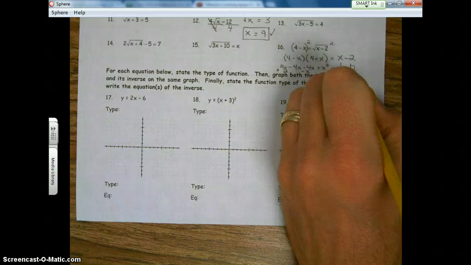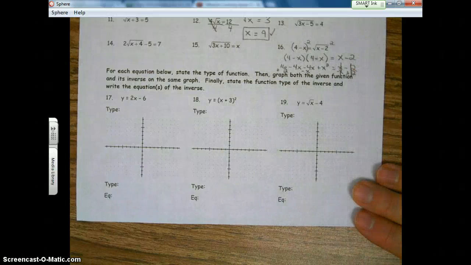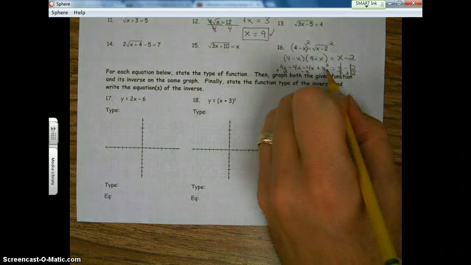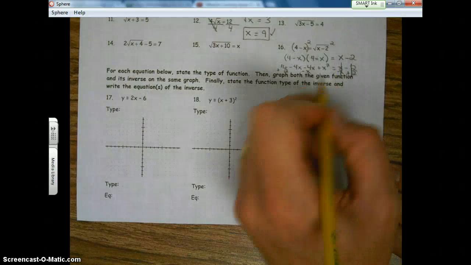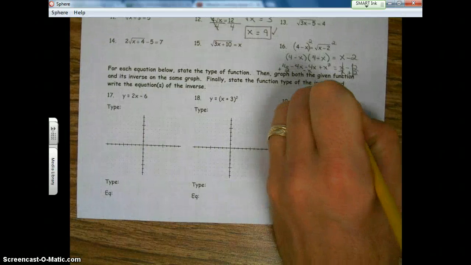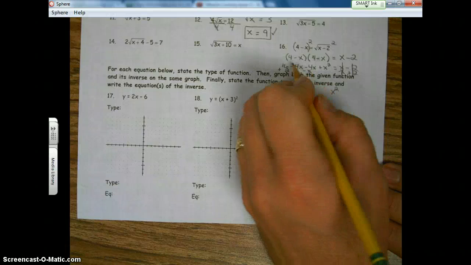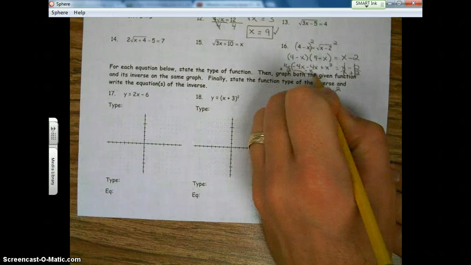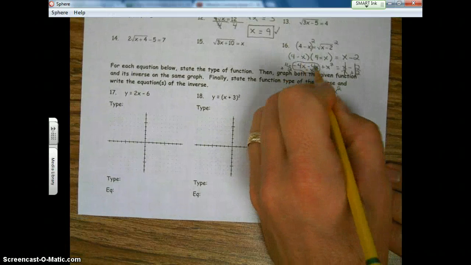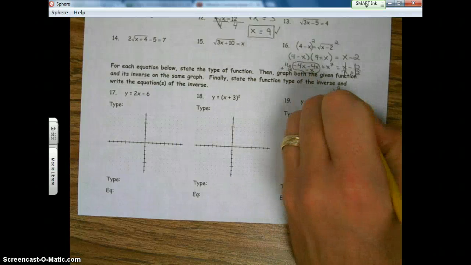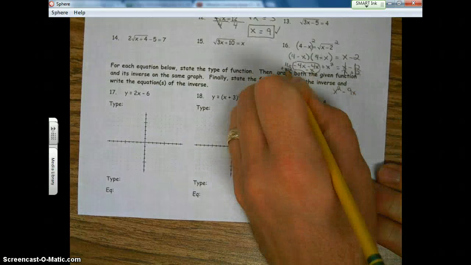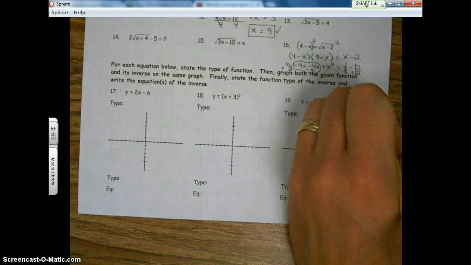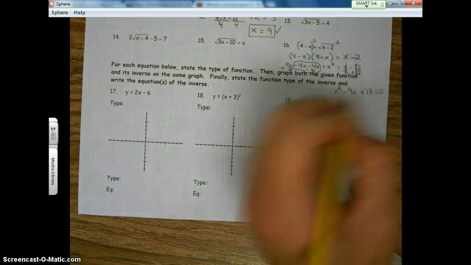So that's going to cancel that out. Okay, so we end up with, I'm going to rewrite this. I'm going to start off here by writing x squared. Combine like terms. So that's going to give me negative 9x plus 18. And that's all going to be equal to 0.